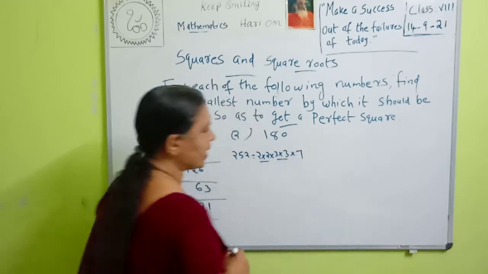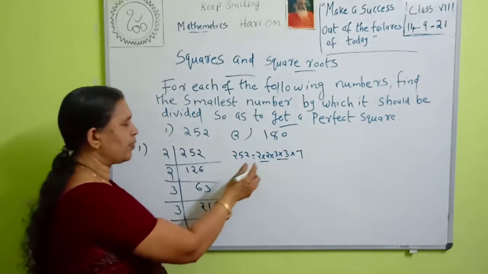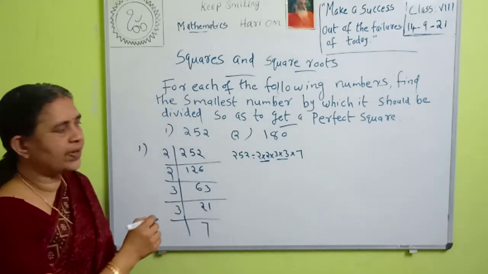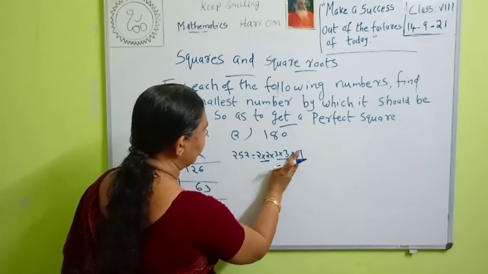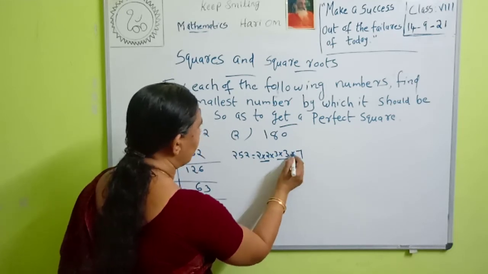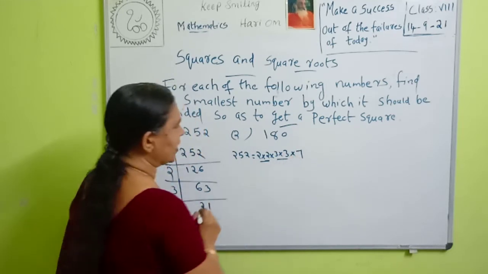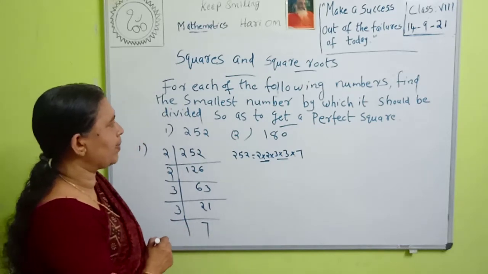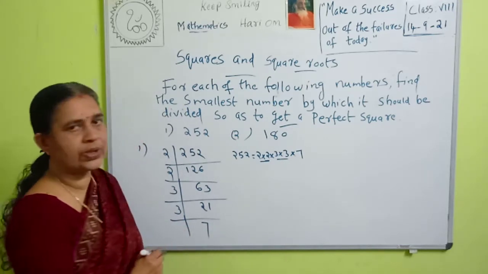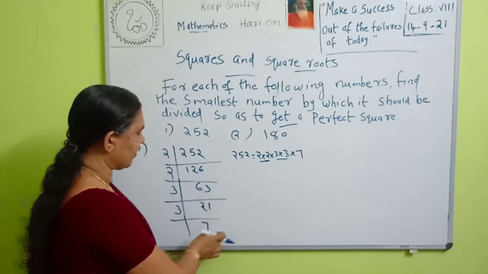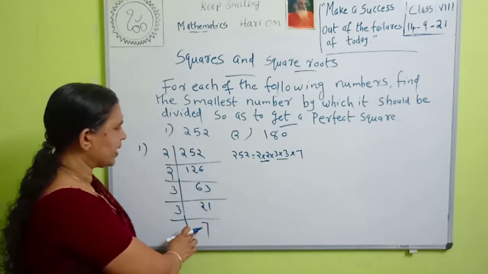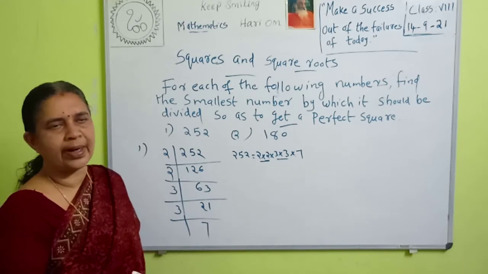Then these numbers are in pairs. So to make it a perfect square, if we divide the number by 7, then we can eliminate this 7. So what is the smallest number by which it should be divided so as to get a perfect square? The required smallest number is 7. If we divide the number by 7, then we will get a perfect square number.